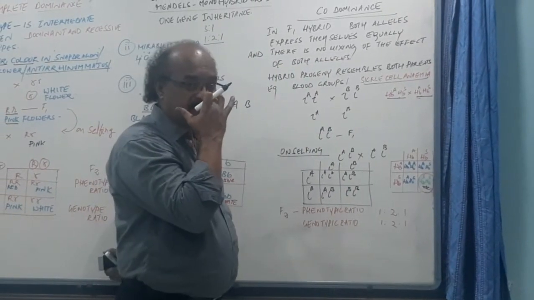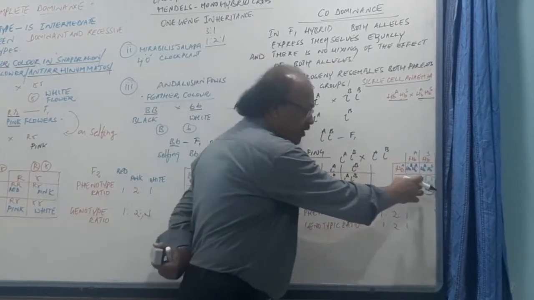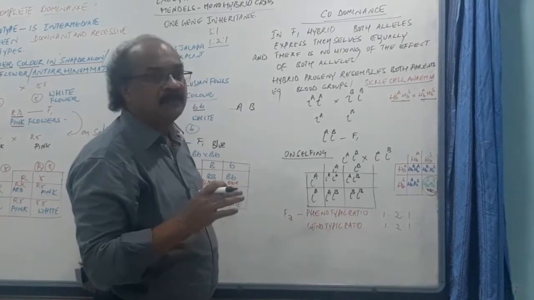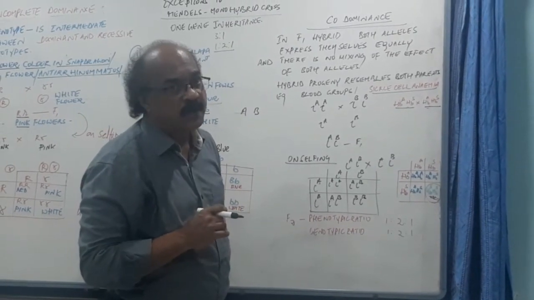They cannot survive. Sickle cell anemia will affect. So these are the two basically good examples for codominance.